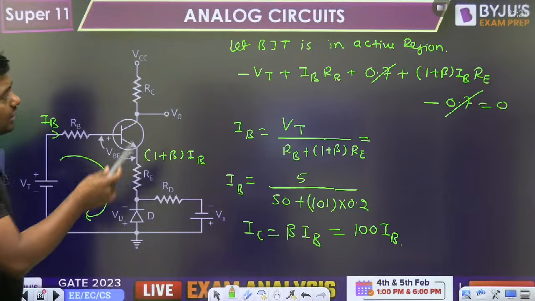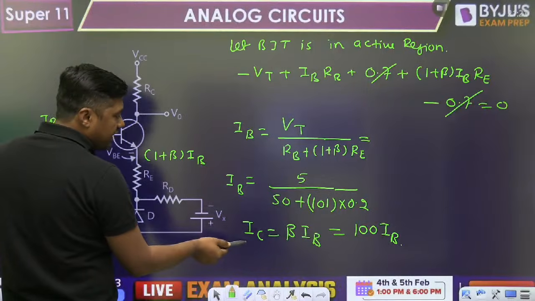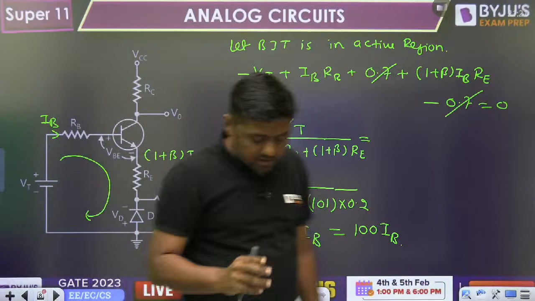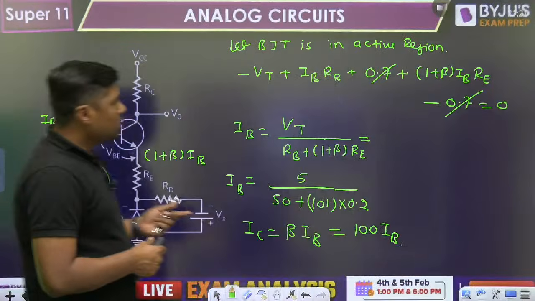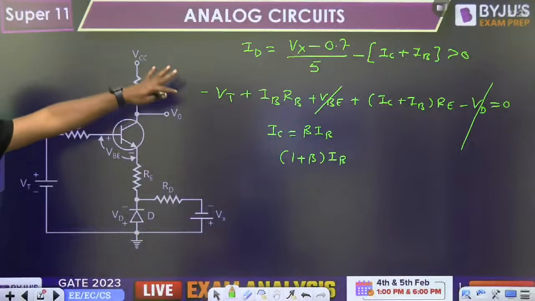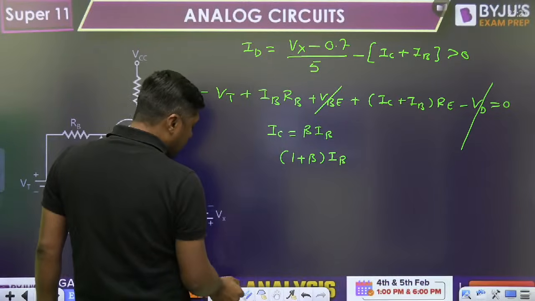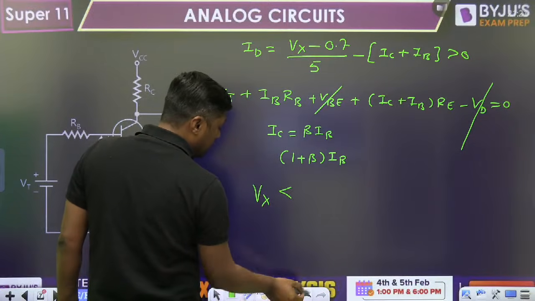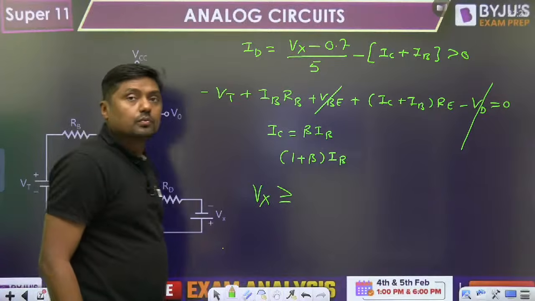Once you get IB, from IB you can find IC. IB plus IC is a very easy formula. Then put it in this formula, and finally you will get the Vx. It should be greater than or equal to.